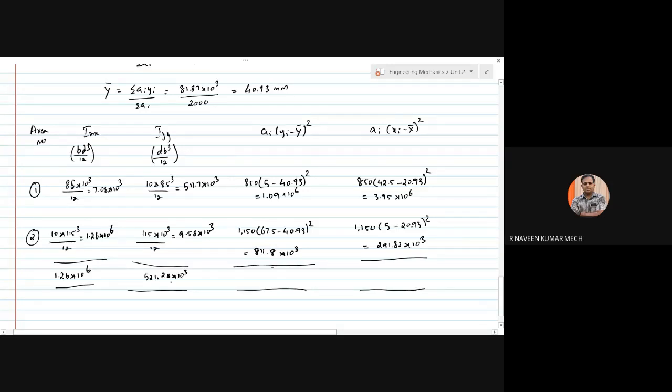For the third one, 1.09 into 10 to the power 6 plus 811.8 into 10 to the power 3, we get 1.90 into 10 to the power 6. 3.95 into 10 to the power 6 plus 209.82 into 10 to the power 3, we get 4.24 into 10 to the power 6.